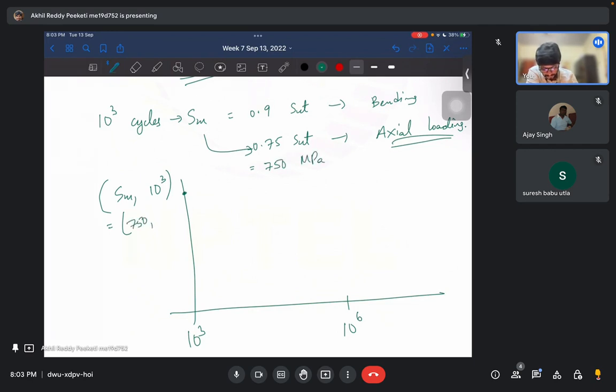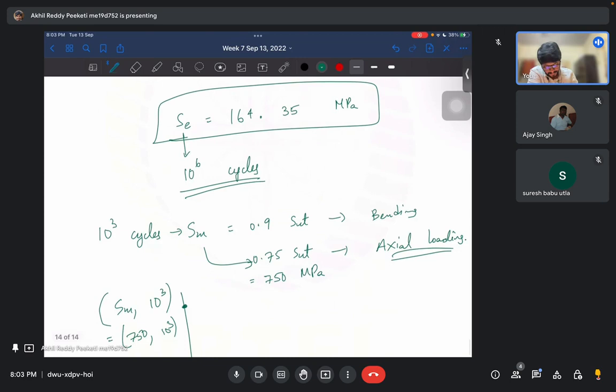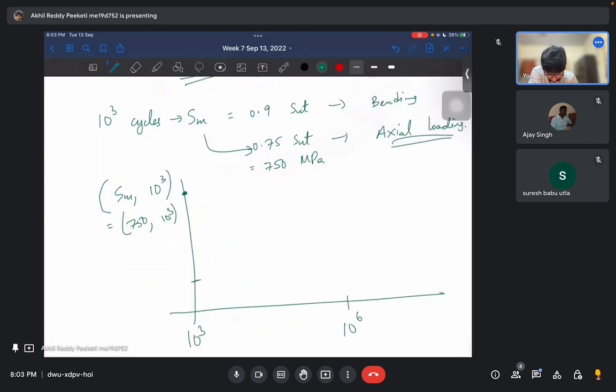So 750 comma 10 power 3 is this point, and the corrected endurance is 164. So this point is SE comma 10 power 6, which is 164.35 comma 10 power 6. Okay. So this is the corrected graph.